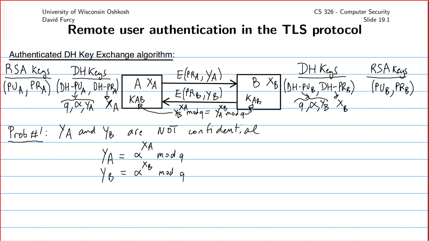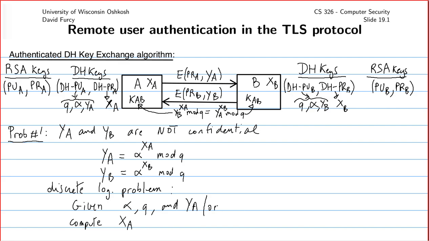Well, remember that the security of this algorithm depends on being able to solve the following problem called the discrete logarithm problem. This problem is defined as follows: given that you know the following values, meaning alpha, q, and y sub A, can you compute the value x sub A?